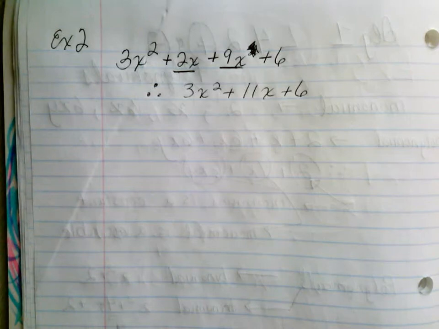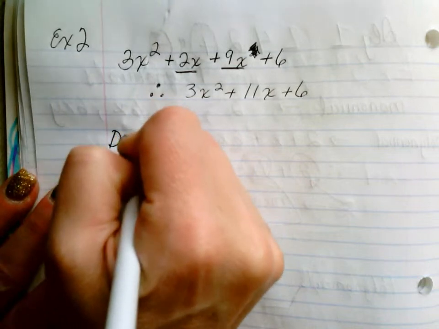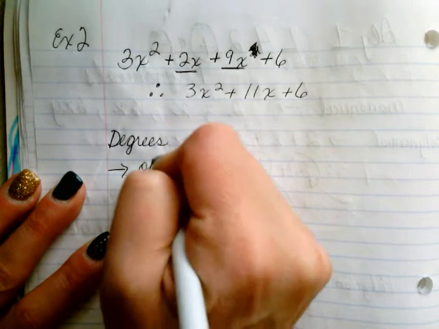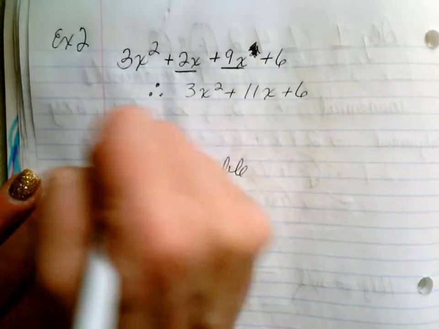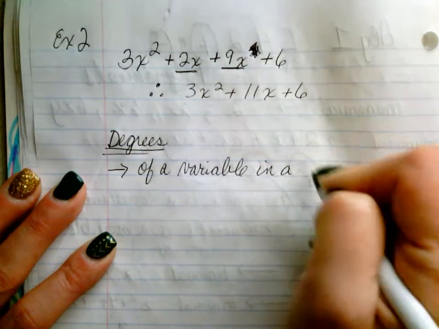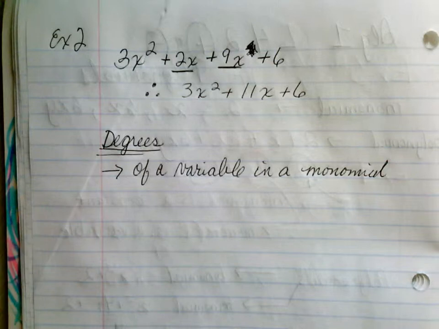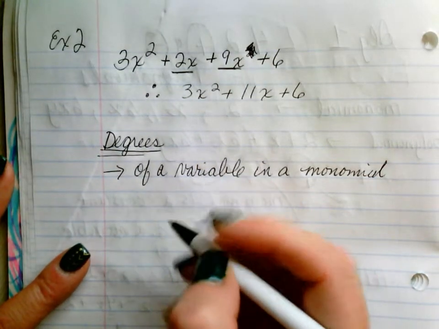Okay? Now, degree of a variable in a monomial. Okay? So we're going to learn about degrees. First, of a particular variable in a monomial. Okay? So let's just say I give you some degrees or some things.